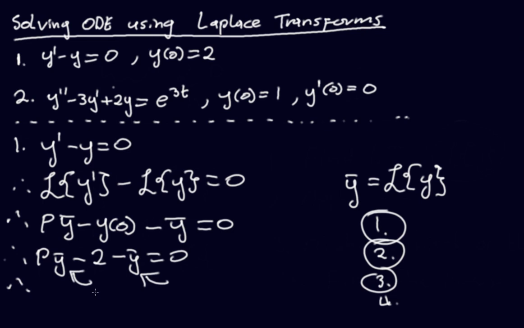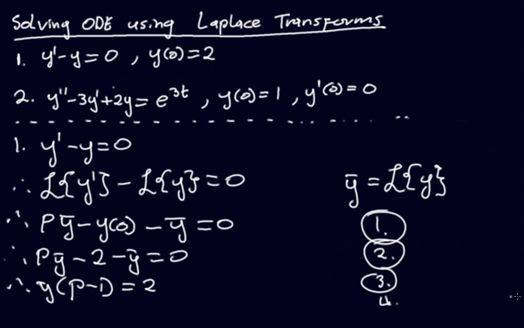Having two of these terms, p minus 1 is common. All the terms without y bar, we must throw to the right hand side. So we transpose. This is equal to 2.